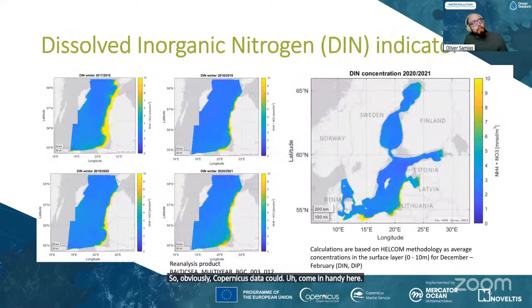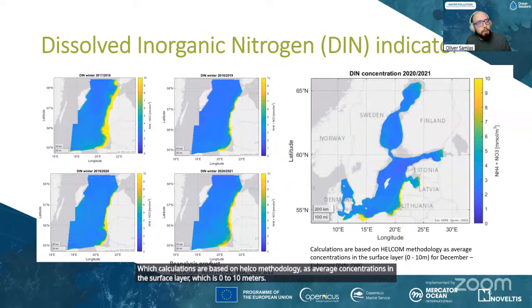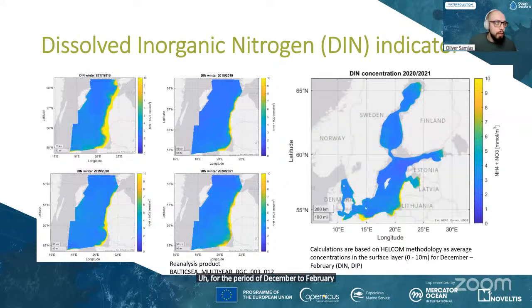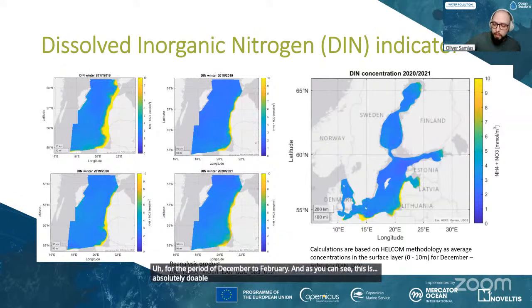And we did an example with the dissolved inorganic nitrogen, which calculations are based on HELCOM methodology as average concentrations in the surface layer, which is 0 to 10 meters for the period of December to February. And as you can see, this is absolutely doable with Copernicus data.